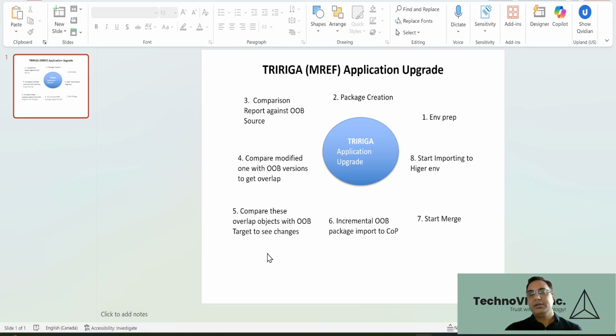We will be talking about how we can make sure that our application upgrade is seamless and how we can consider making changes to these objects. So let's get started.